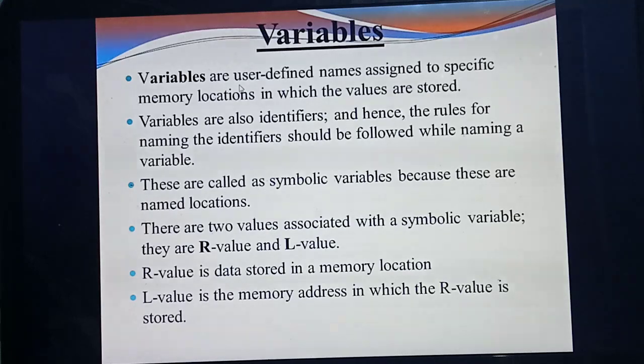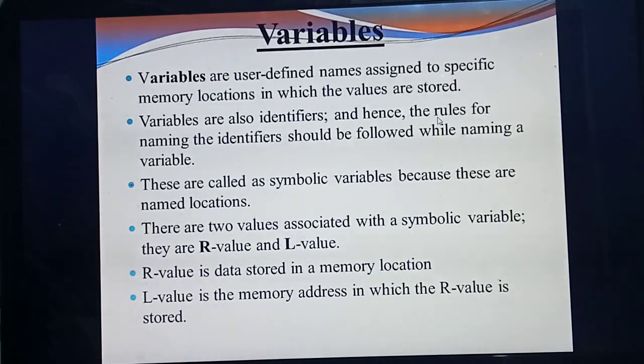Just read it. Variables are user defined names assigned to specific memory locations in which values are stored. For example, listen: the value of a equal to 5. What's the data type of 5? 5 is a number, so you represent the data type as int, isn't it?